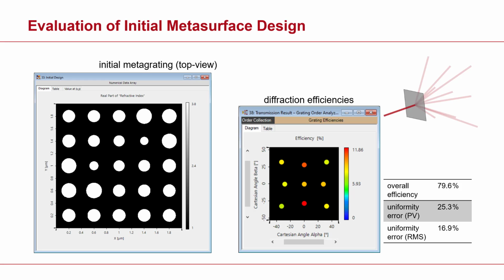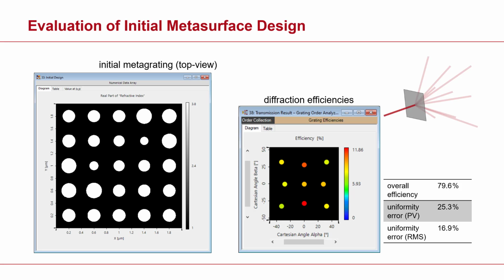So by running the FMM on this metagrating, again what we see here on the left is a single period of that pillar metagrating, we obtain the results that we see on the right of that slide. And what we see there are the 3x3 working orders of that metagrating, and we can read from the table the overall efficiency, which is close to 80%, that is already quite good.